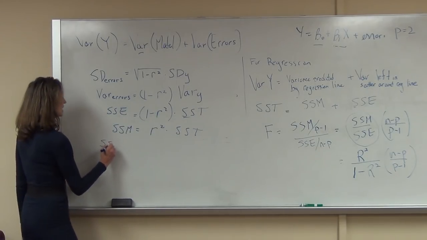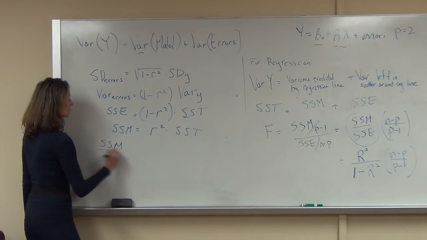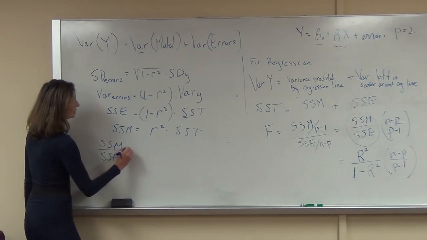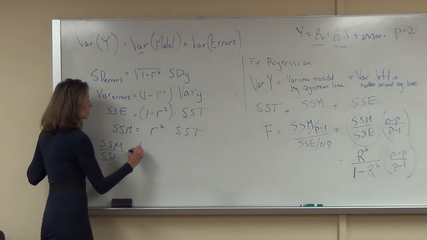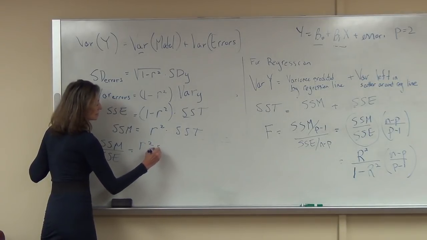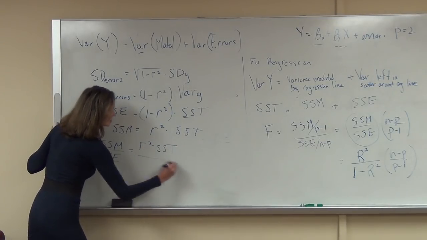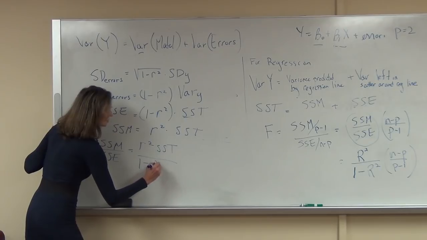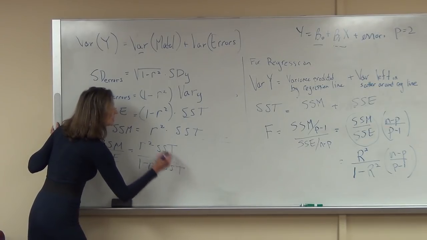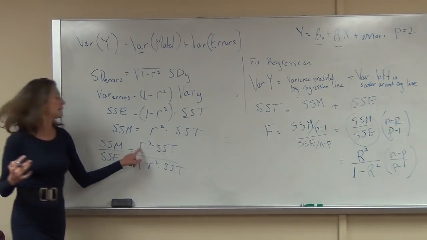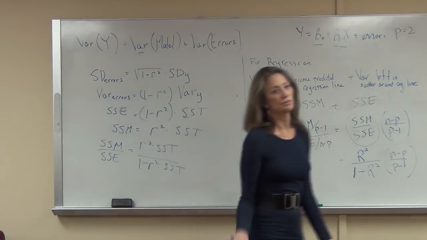So SSM divided by SSE is equal to R squared times SST divided by 1 minus R squared times SST.